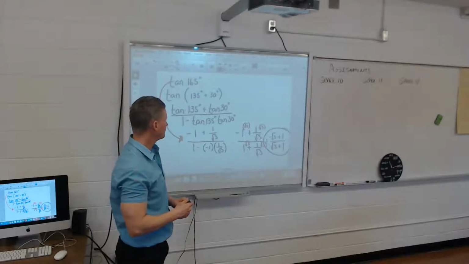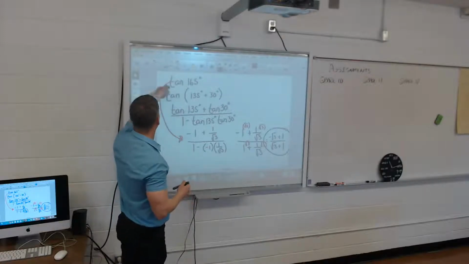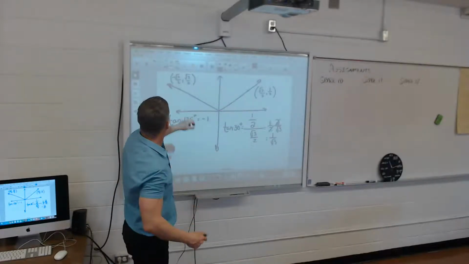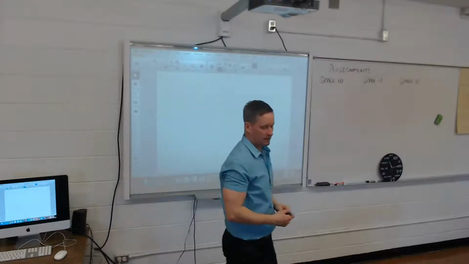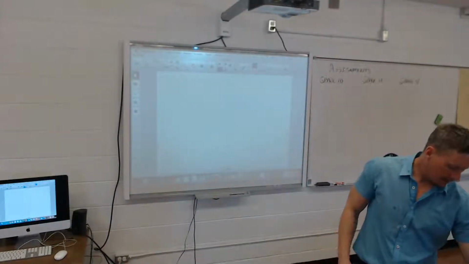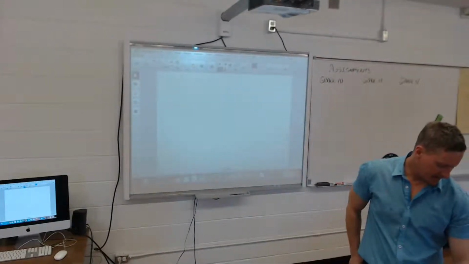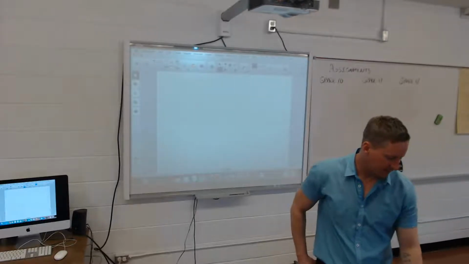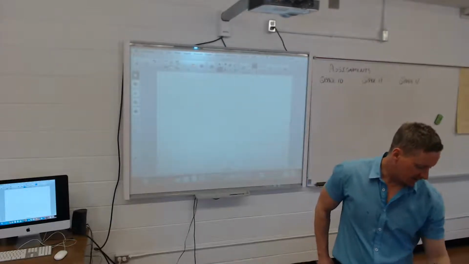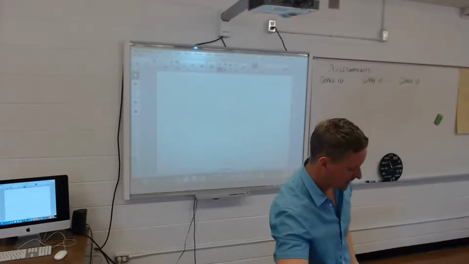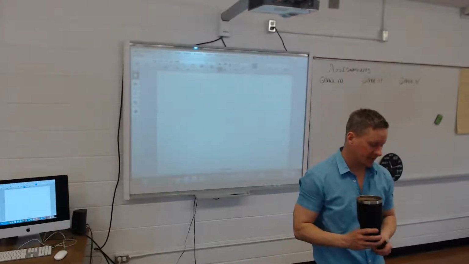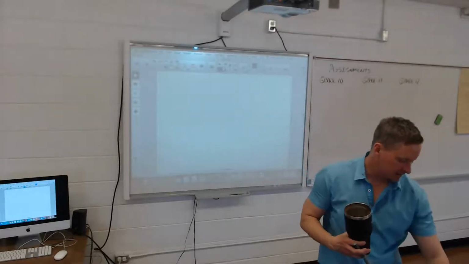All right? Okay, so if you look on page 197, 197 gives you the 30 to 45 and the exact value for 60 as well. Gives you all those exact values.